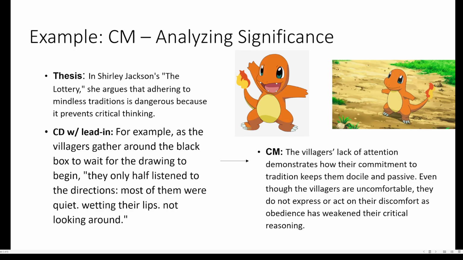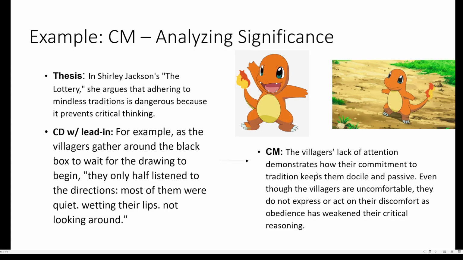So I'm starting to unpack in this commentary why it is relevant that these people are just standing there and not doing anything. I'm giving a framework through which we understand why that matters. And that matters because it is related to the thesis. It has to do with critical reasoning, which is a synonym of critical thinking. I'm bringing in the idea of tradition in my first sentence here to mirror what's happening here.